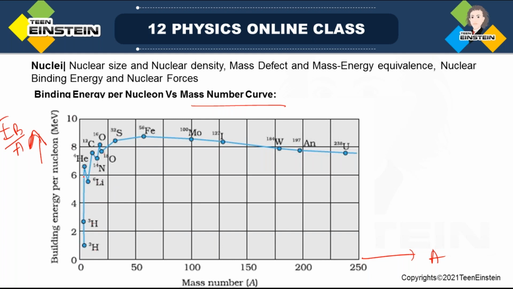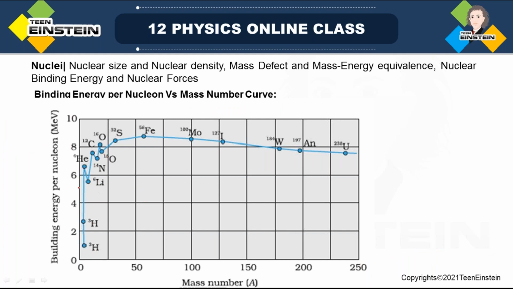We see here the binding energy per nucleon is showing a peak kind of thing. Here is helium, and carbon 12 and oxygen 16 have greater binding energy than lithium, nitrogen and oxygen 18.